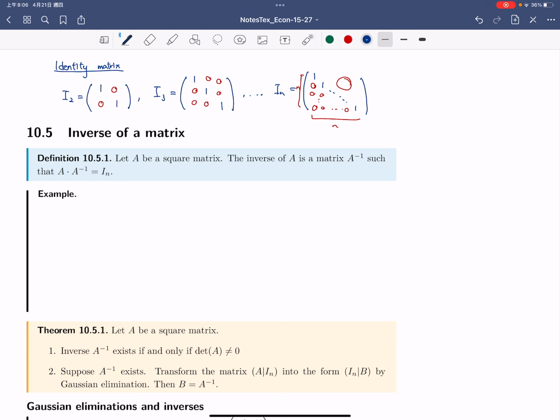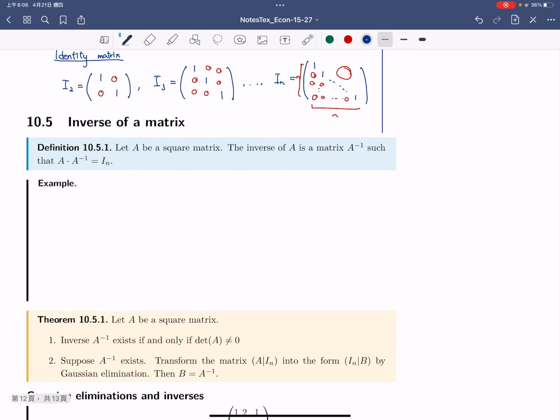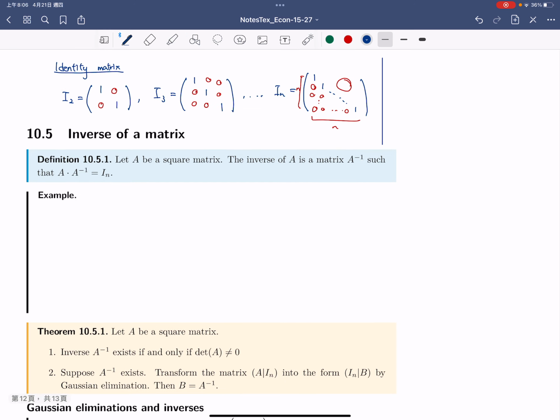And what's so special about this identity matrix is that in multiplication, if A is an n by n matrix, then A times IN equals A, and also IN times A equals A. So IN is like 1 in ordinary multiplication.